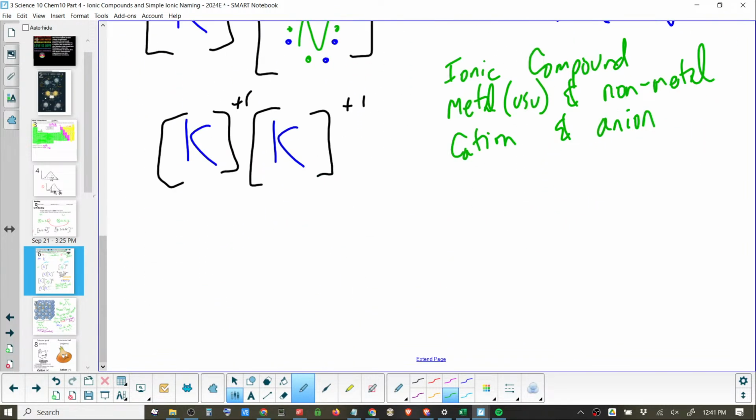What if I was to give this an actual formula? It's not a trick question. What is the formula for potassium nitride? Right. So if I was to write it out, I'd write K, N. Where do I put the 3?